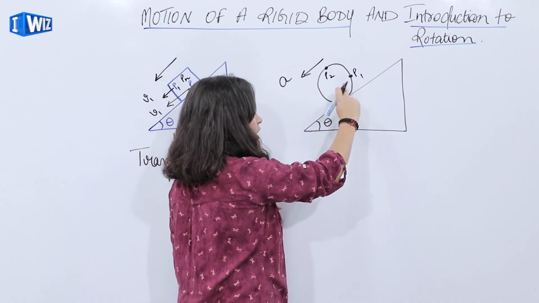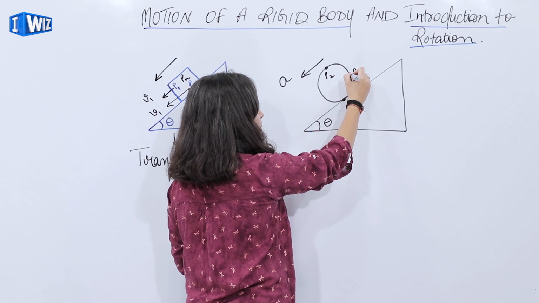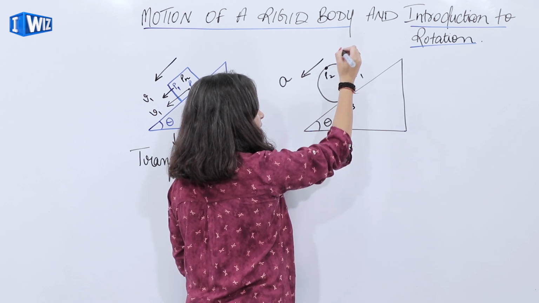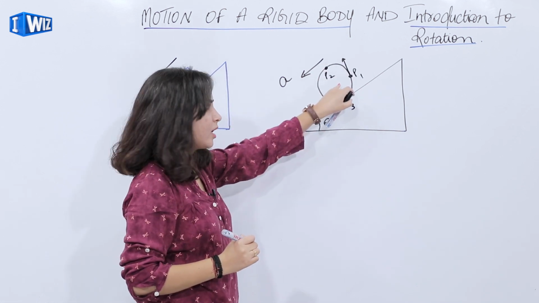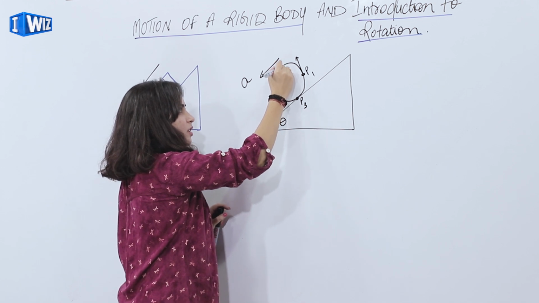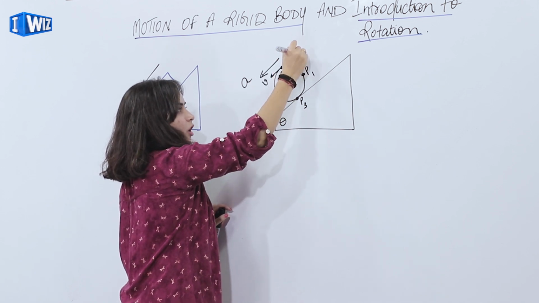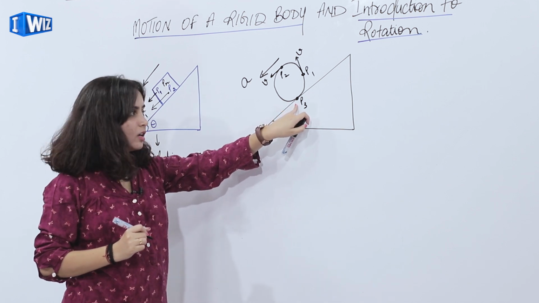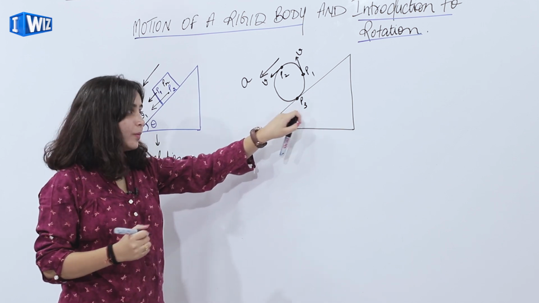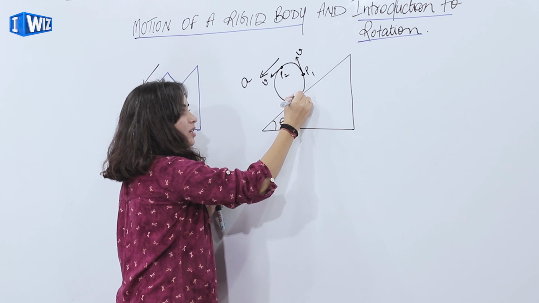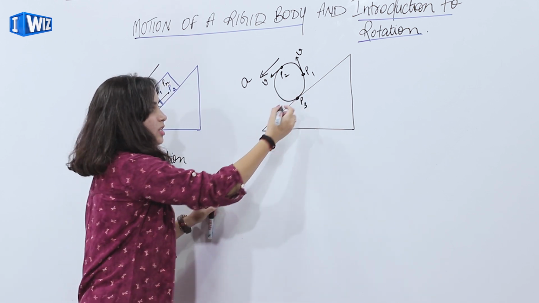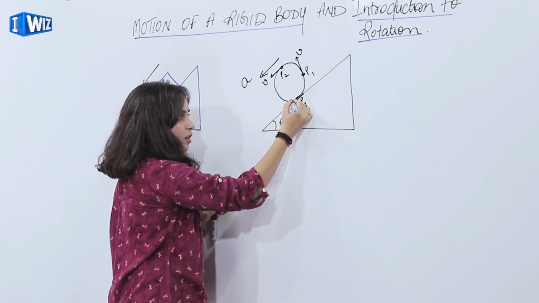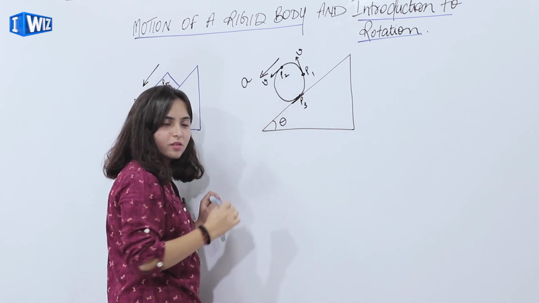The direction of the velocity of particle P1 will be tangential, this is the velocity direction of P2, and the velocity of P3 here will be 0 because this is touching the surface, this is in contact with the surface.